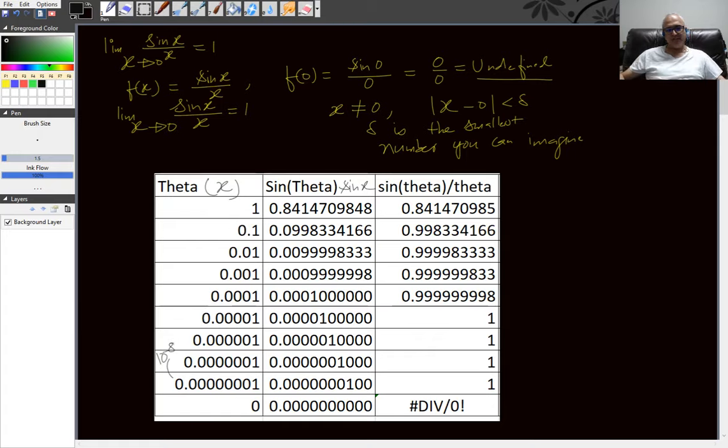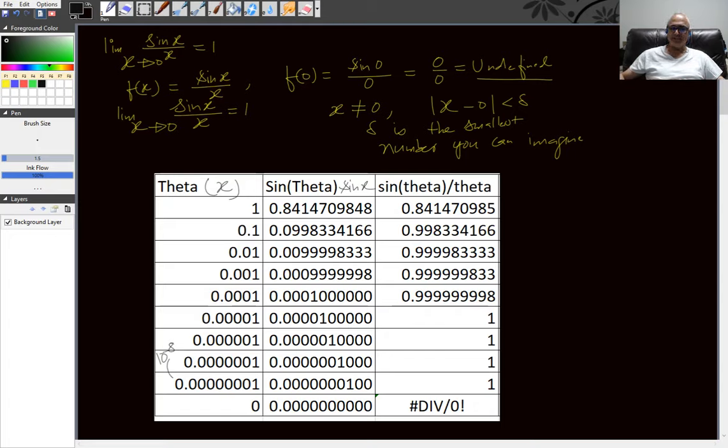So you see here, when x becomes smaller than this number, the value of sin x and x become the same and the ratio becomes 1. But when x becomes 0, then sin x is 0 and the ratio is undefined, a division by 0.